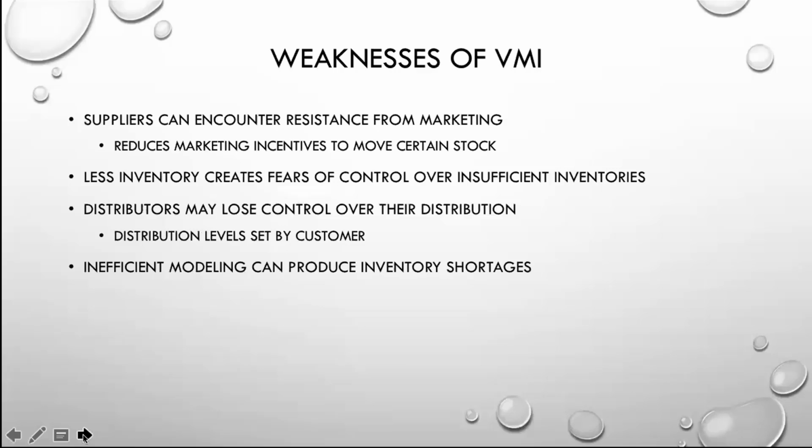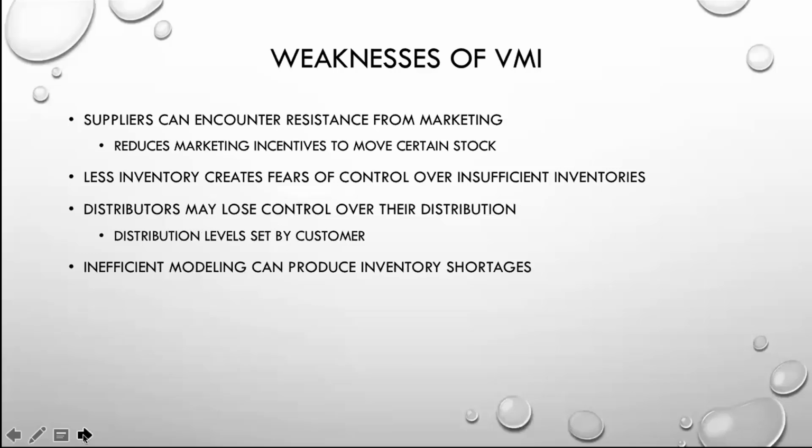So your stores may fear a lack of enough inventory. They may bulk order more. They may panic buy, which injects oscillations into the demand in your supply chain. So realize that VMI, although it works as a very good tool to reduce inventories across the supply chain, human nature can still take effect.